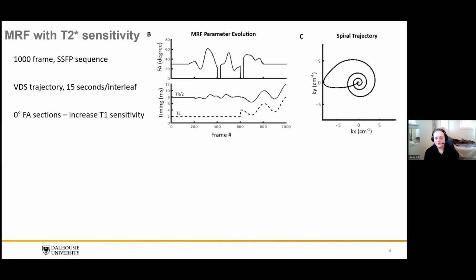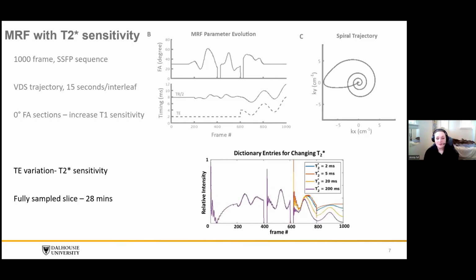And so traditional MRF was developed in our system, which we then modified to be a non-balanced steady-state precession sequence, allowing us to ignore off-resonance calculations and allow for T2* variation space within the dictionary. And then we implemented a variable density spiral trajectory to enable more robust undersampling, which included sections of the sequence that you can see in the center here, which have zero flip angle to improve our T1 accuracy.